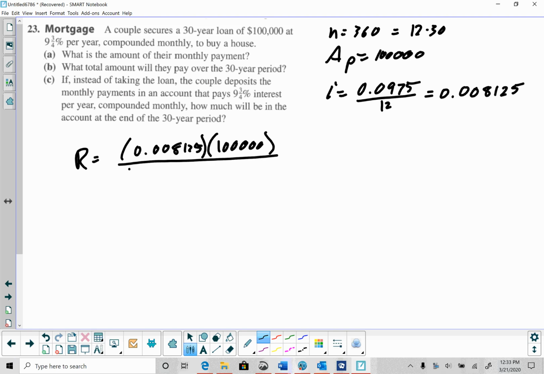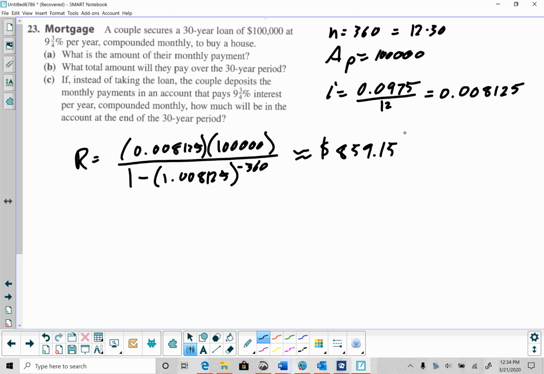Over, then 1 minus 1 plus the interest rate, so it'll give us 1.008125 raised to the negative 360th power. Crunch those numbers there. That works out to be payments of $859.15.